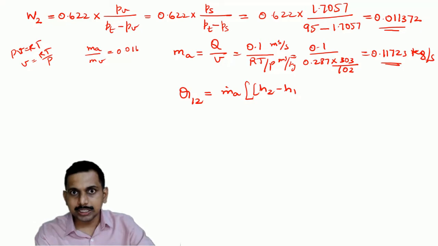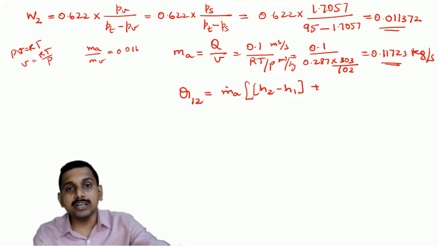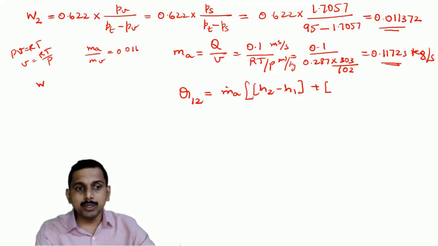This is the initial enthalpy, this is the final enthalpy, plus, now when I consider the water going out, W is equal to M of vapor divided by M of dry air, correct? So mass of vapor is given as W into MA.